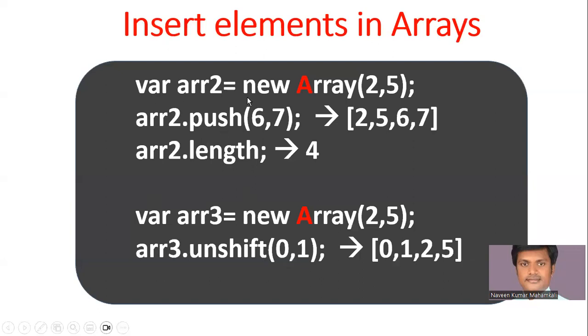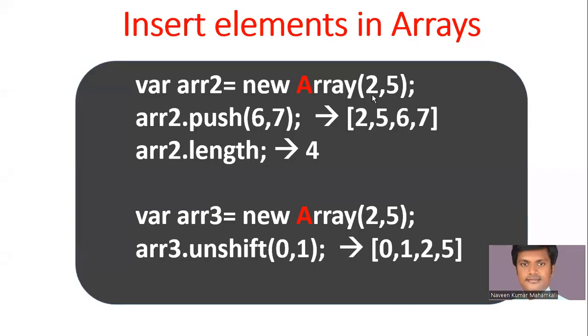I have created array2 initially with 2 elements 2, 5. Later you can see I call the function array2.push 6, 7.